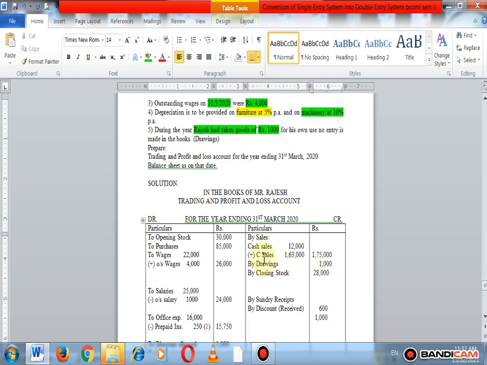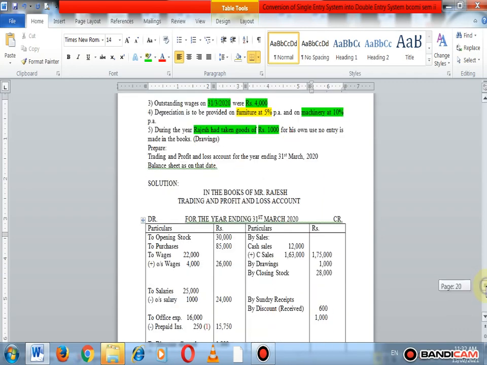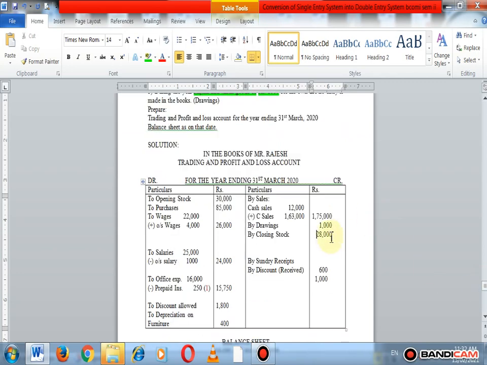Here we do not deduct this 1,000 directly from sales because it is a drawing. Directly we post drawings on the credit side of the trading account. Okay, that is 1,000. Okay, got it? Yes sir, got it. I had forgotten the second effect of drawings on the trading account, but while making the total we remember this.